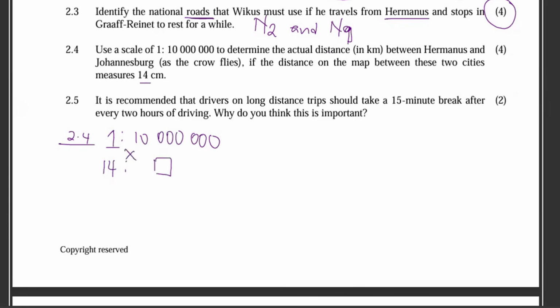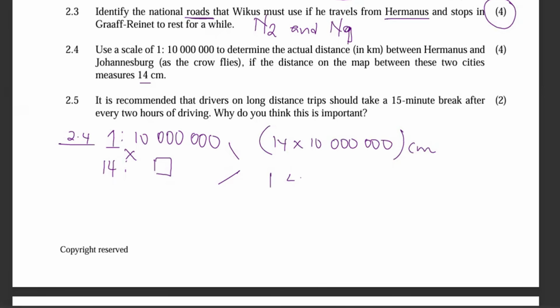So what do we do? We cross multiply. When you cross multiply, it simply means you get 14 times the 10 million. And the answer you get here will be in centimeters. I believe you will get something to do with 140 million.